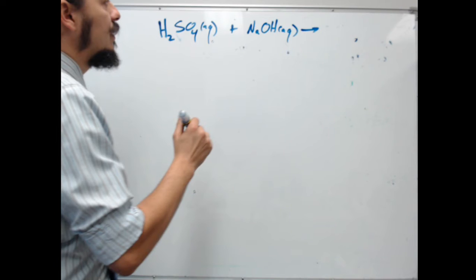So, that is how we do that. After we have that... Wait, are you balanced? I think I'm balanced. 2 sodiums, a sulfate, 2 hydroxides with 2 H's makes 2 waters.